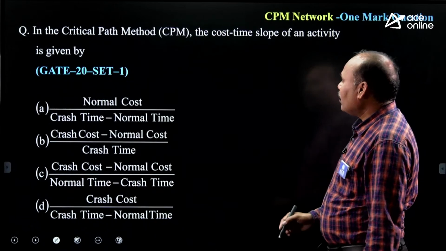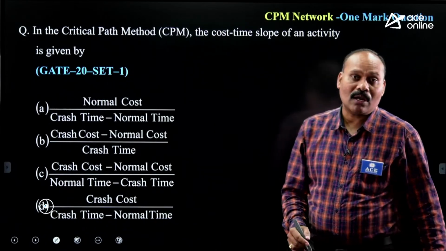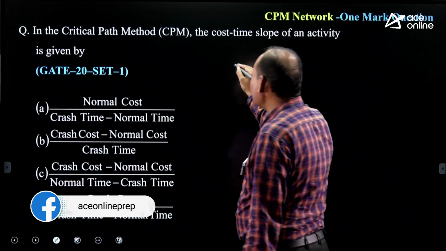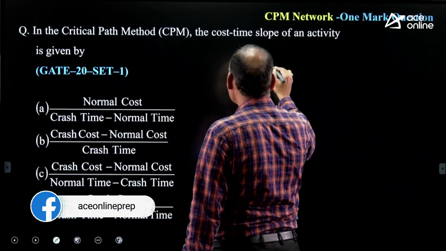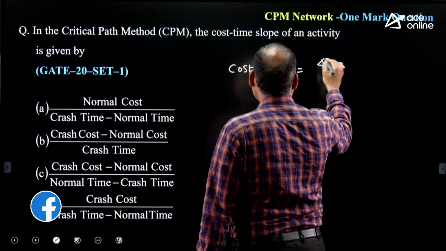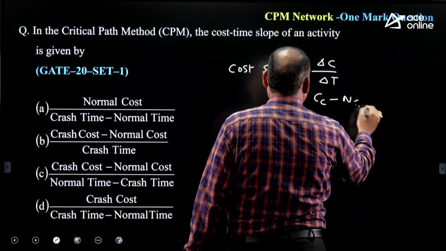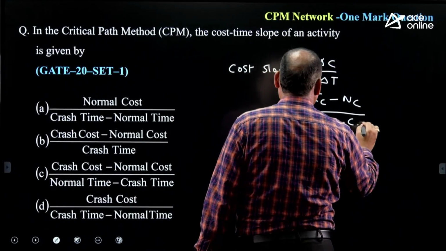In the critical path method, the cost slope: crash cost slope is equal to delta C divided by delta T, that is crashing cost minus normal cost divided by normal time minus crash time.